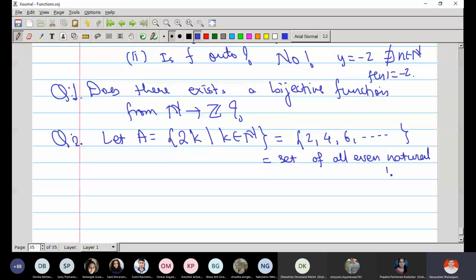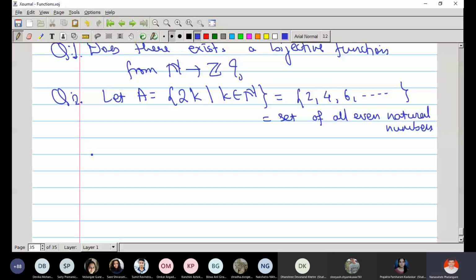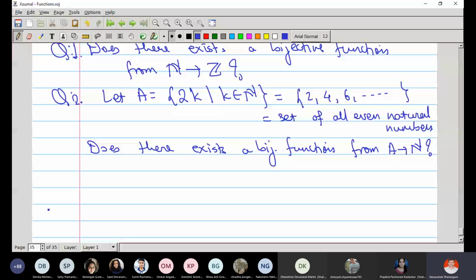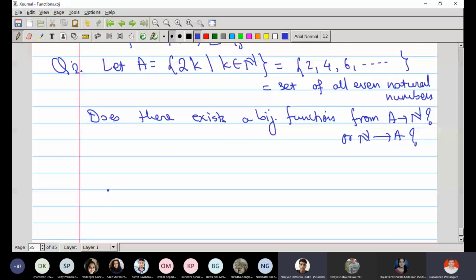Then does there exist a bijective function from A to N or N to A? Same thing. What is your answer? No.